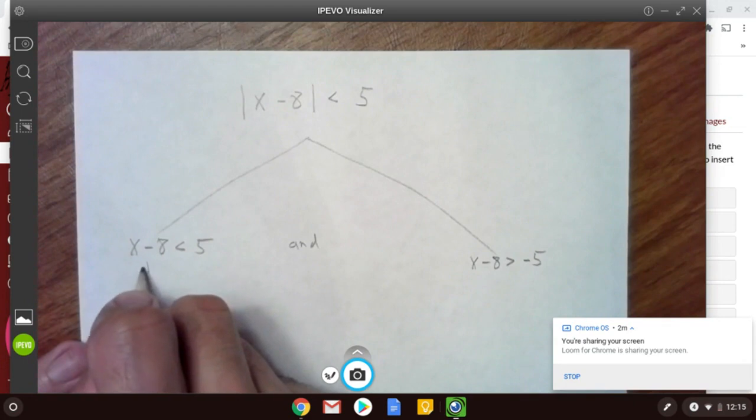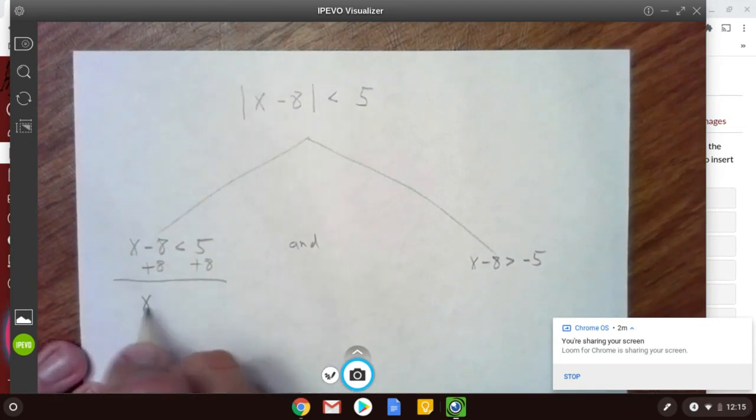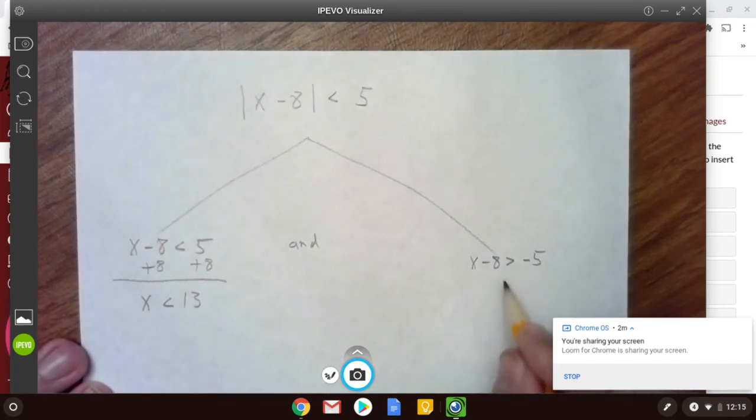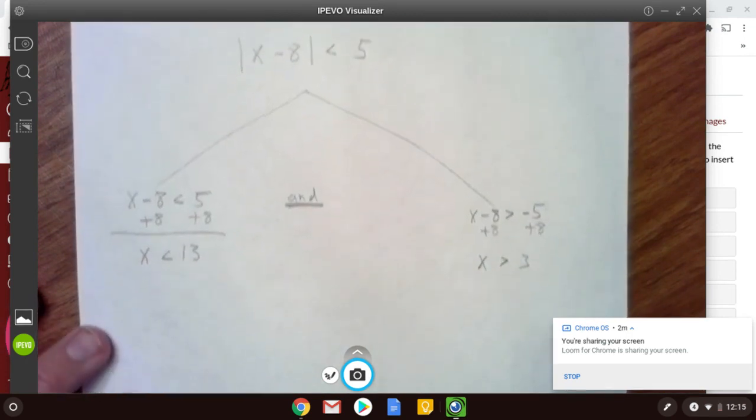We're just going to add 8 to both sides. This is going to give us x is less than 13. And on this side, if we add 8 to both sides, we're going to get x is greater than -5 plus 8. That's +3. All right, and then keep in mind it's an and statement here.